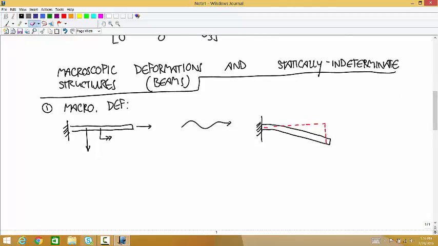Any questions about that idea? Are you saying that the picture looks linear? That's why you drew a... I'm saying that that's supposed to show you where the beam would have been before the deformation. So its deflection is this much.